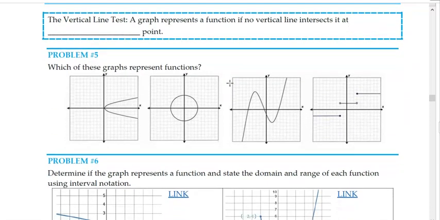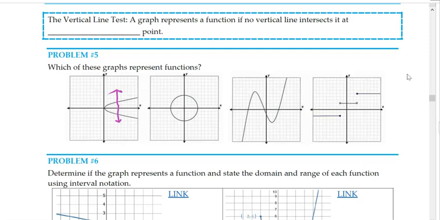When we're looking at graphs, it's easier to use what we call a vertical line test to figure out if something is a function or not. So looking at this, just to make sure it's clear what we mean by the vertical line test, if I put a vertical line anywhere along that graph, I'm looking to see if it crosses that graph more than once.